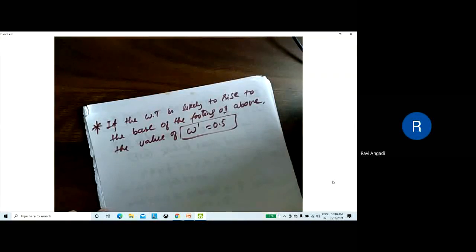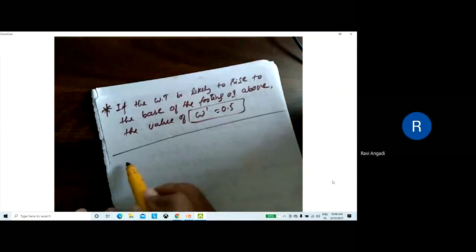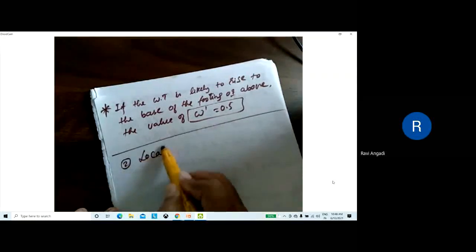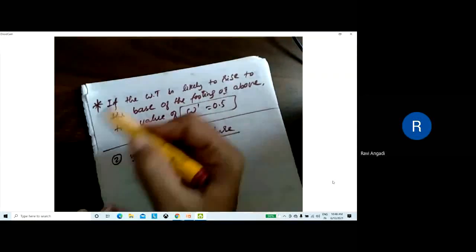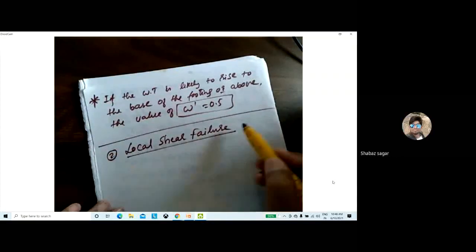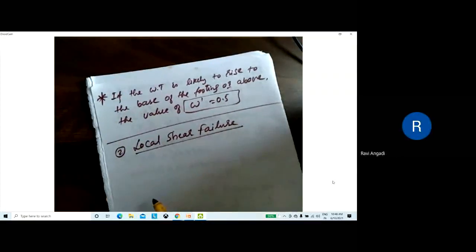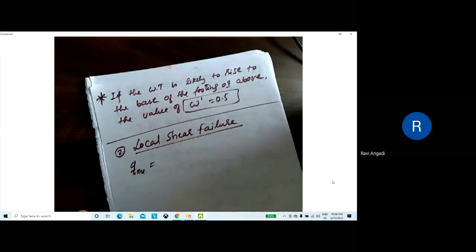Understood? Okay. Next one, we will take the local shear failure. The first equation was for general shear failure. Now for local shear failure, what is the change? Same equation, but one change we have to make. C has to change: 2/3 of C. Then Nc dash, you have to take dash.